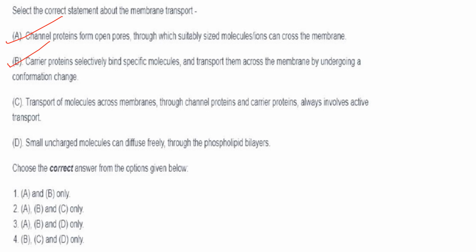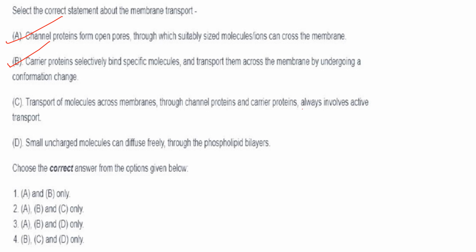Transport of molecules across membranes through channel proteins and carrier proteins always involves active transport. That is not correct, because channel proteins transport substances through the membranes passively, whereas carrier proteins can transport ions and molecules either passively or through secondary active transport or facilitated diffusion.